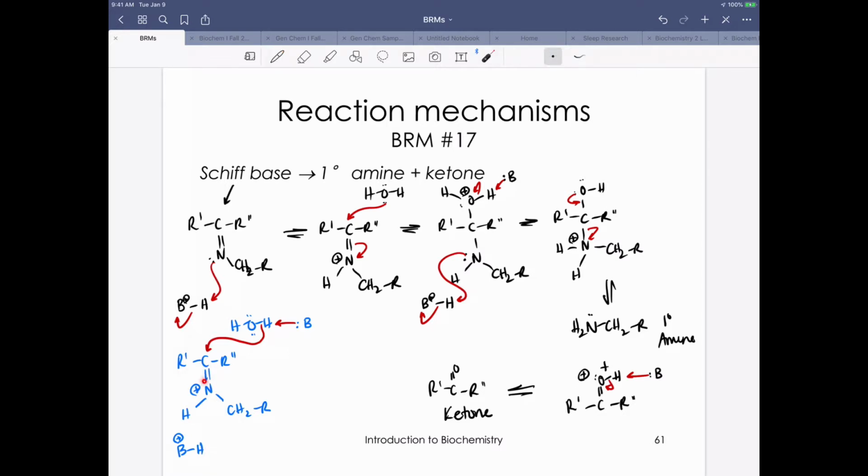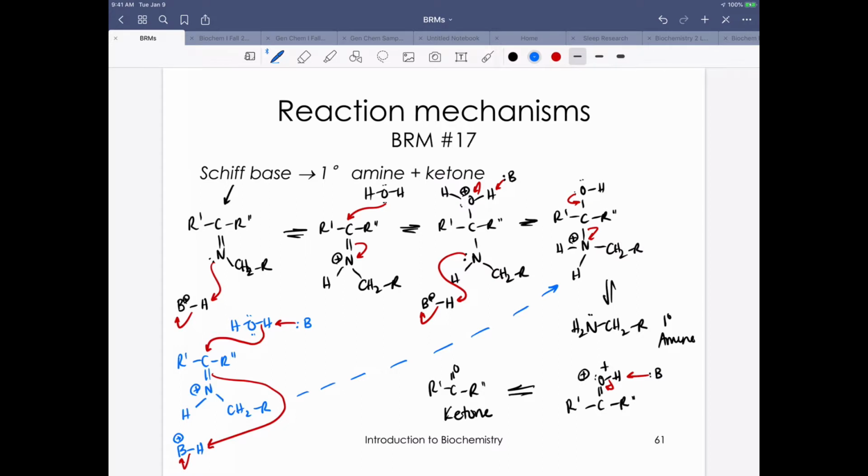Rather than taking these electrons and putting them on this nitrogen, they're going to immediately reach out and grab that proton, and then those electrons go here. At the end of the day, this chemistry is what gets us to this intermediate in one step rather than two.